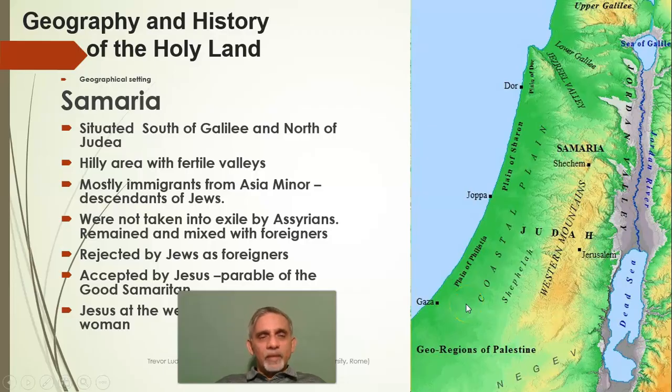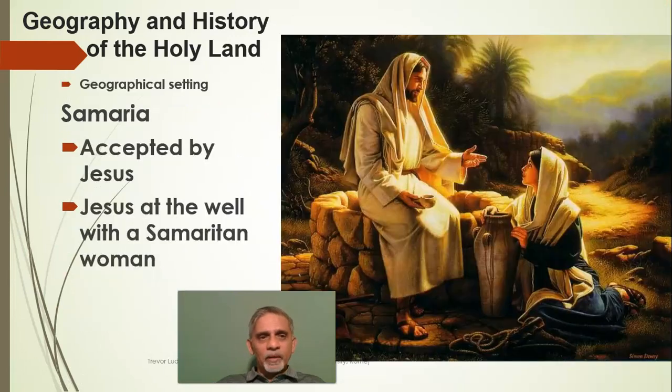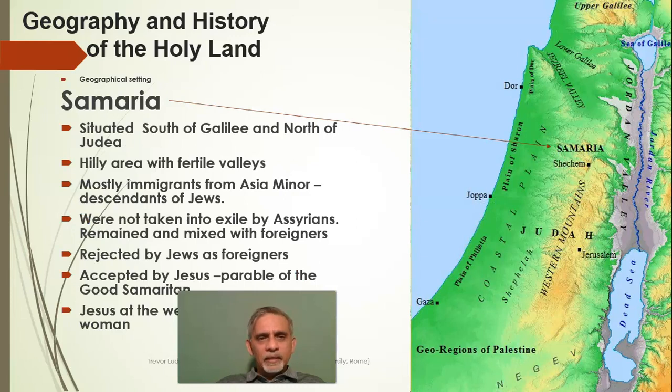Then we come to the next. Earlier we were talking about Upper Galilee, now we are talking about Samaria. Samaria is situated in the middle of Israel, the Holy Land, south of Galilee and north of Judea. It's a hilly area with fertile valleys, mostly immigrants from Asia Minor and descendants of the Jews actually. Right?